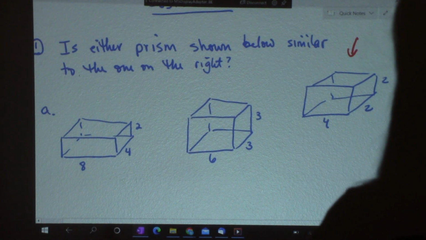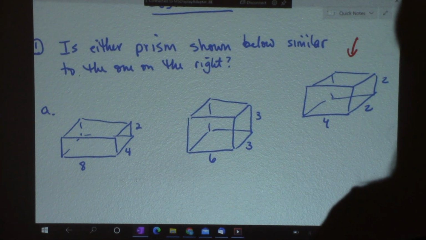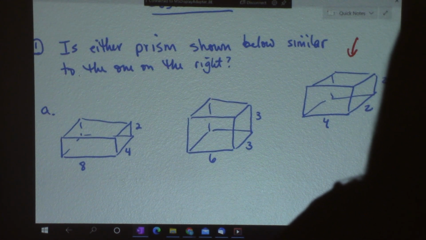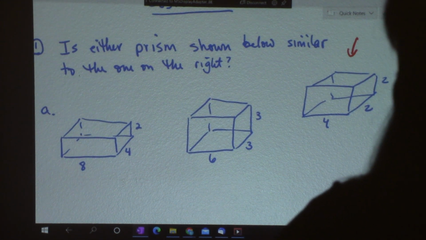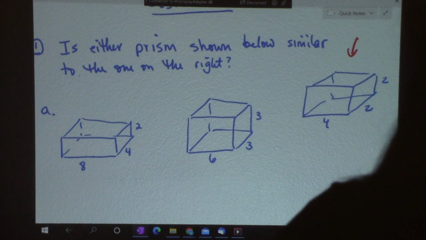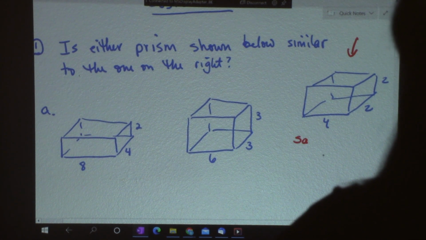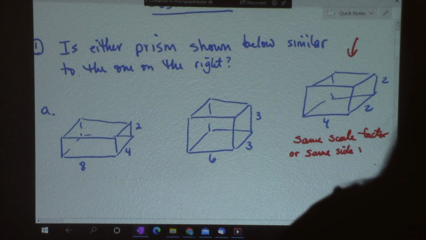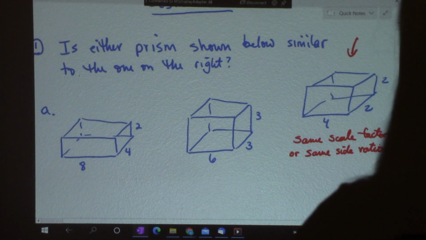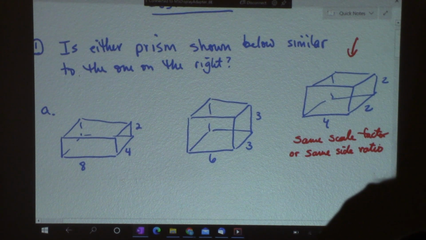So how we know we have similar figures is that they have the same scale factor or the same side ratio. All right, and it has to work for all dimensions.